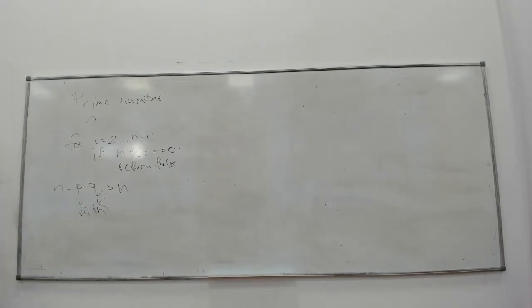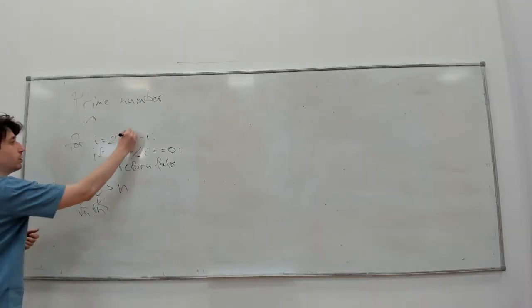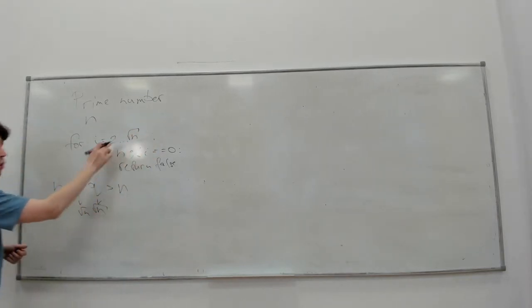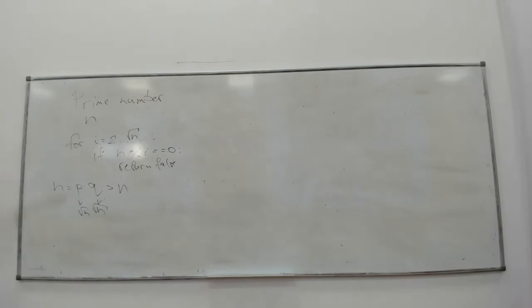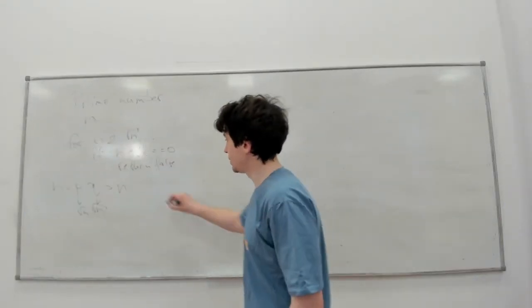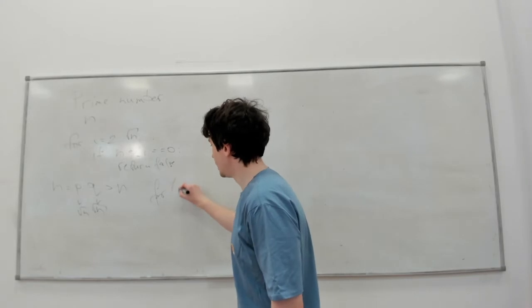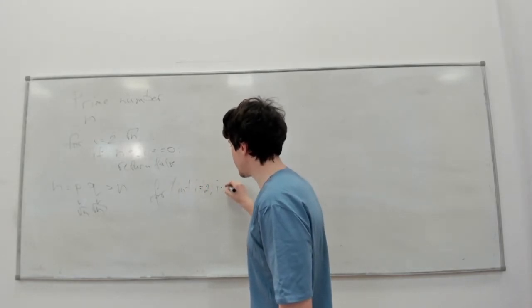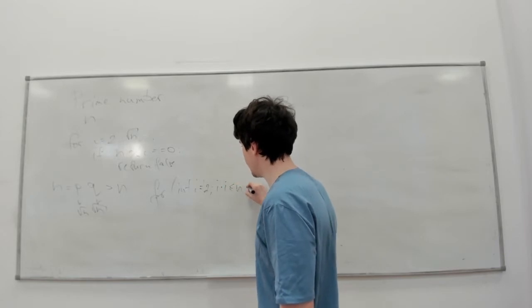So to check that the number is prime, we just have to go over all numbers from 2 to the square root of n. Typically in C-like languages, it is written something like this: for (int i = 2; i * i <= n; i++).